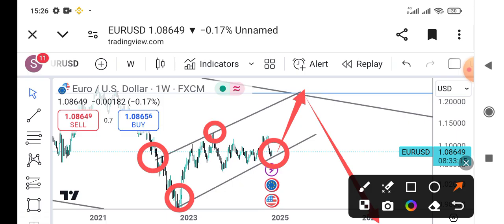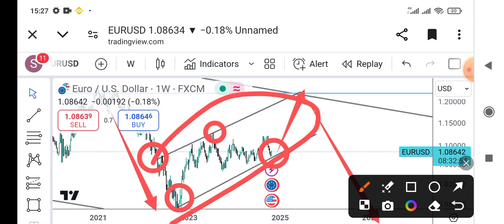Why am I saying that? Ascending triangle. So when you have an ascending triangle, then you are supposed to have an impulse. So we had an impulse, and then this one forms the correction. Then we'll have another impulse again.